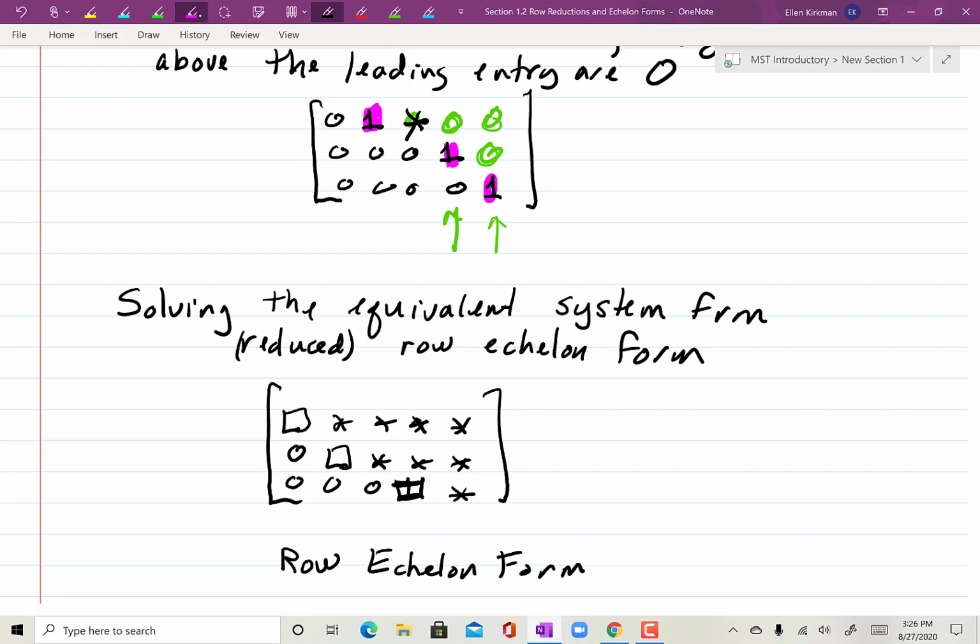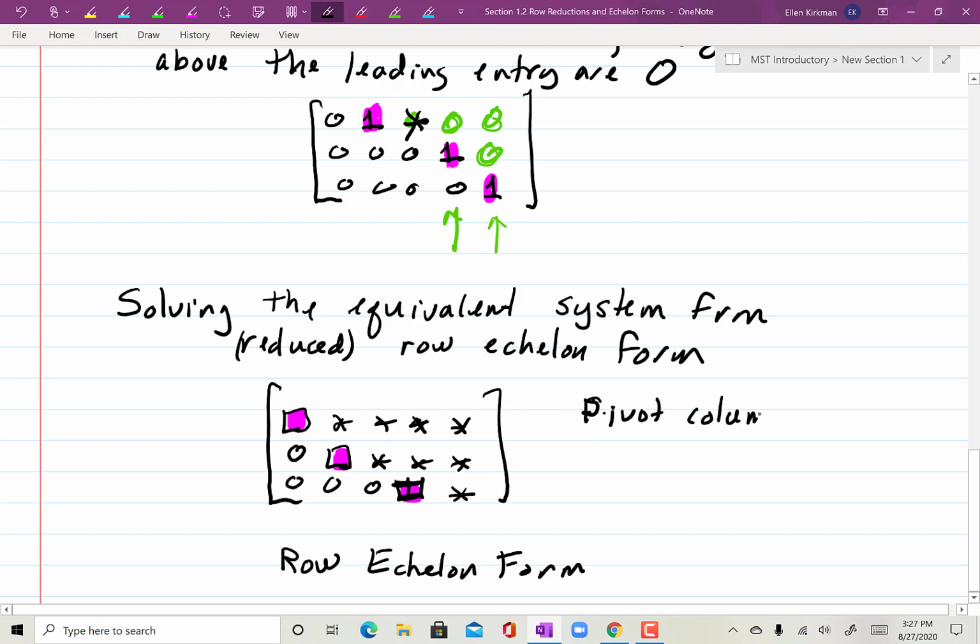Okay, with leading entries. These are my leading entries. Non-zero entries can be any number. So we identify these columns that have a leading 1. They are the pivot columns.